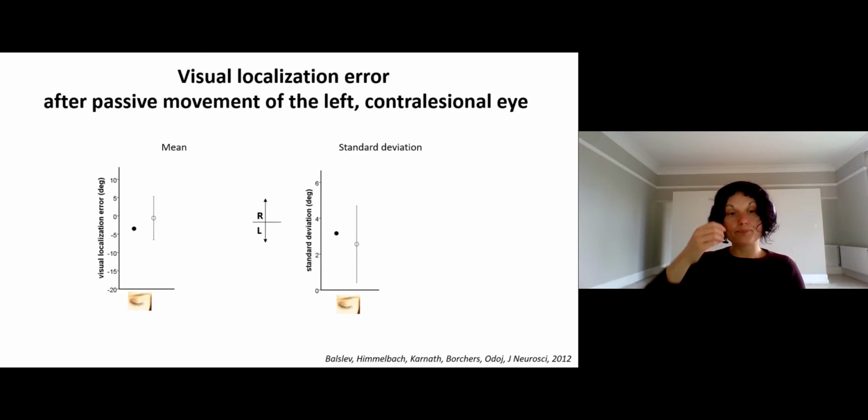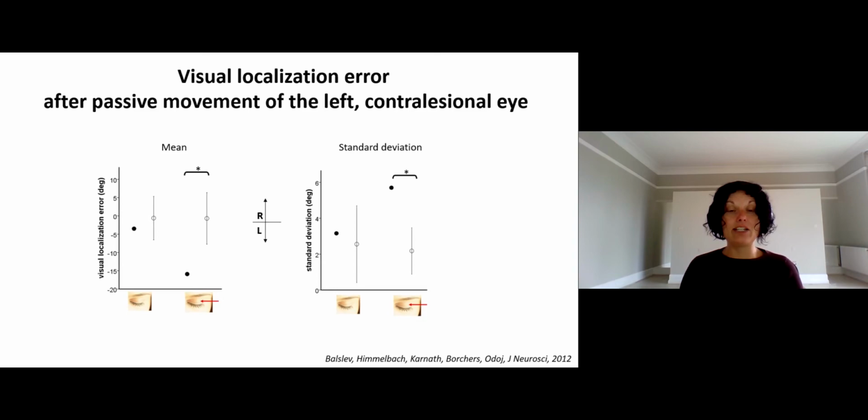So here we introduced a mismatch between ocular proprioception, because we pushed the eye, there's a passive eye movement, and the oculomotor command, which, if ocular proprioception was inaccurate, should give an effect on visual localization, assuming that proprioception is important for visual localization.